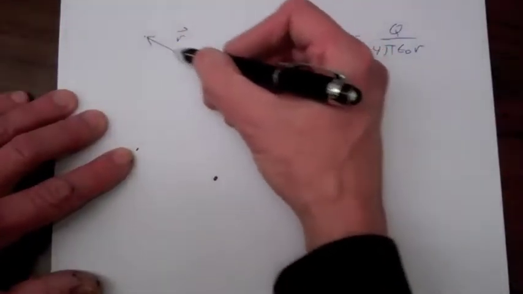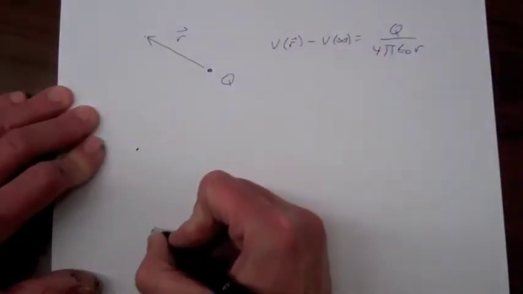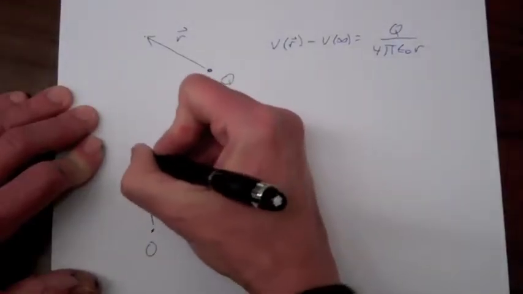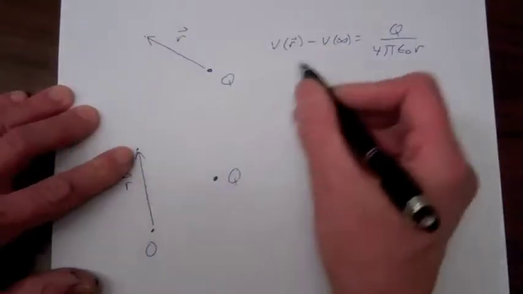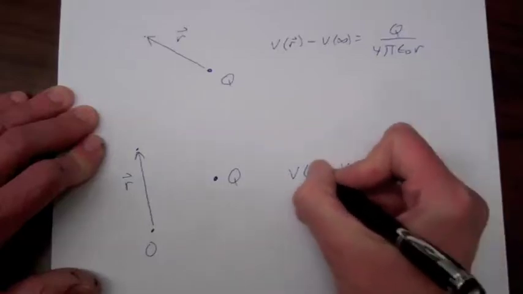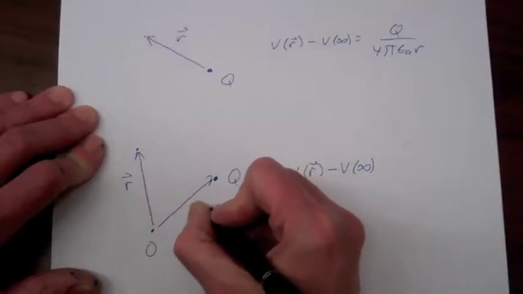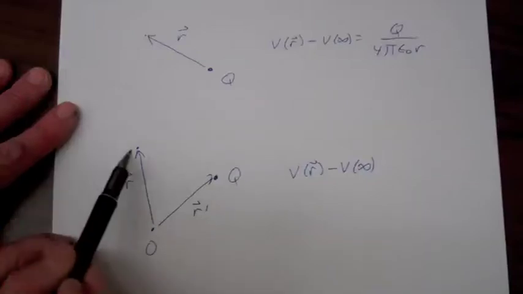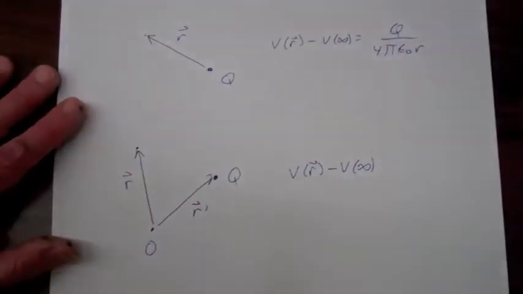It's still the same distance away as in this illustration above, but now the origin is here. So R, again a different R now, is going to point to where we want to find the potential difference between R and infinity. And let's call this position of Q R prime. It should take the same amount of work to bring 1 coulomb of charge to this distance away from Q as here. It should be independent of the origin.